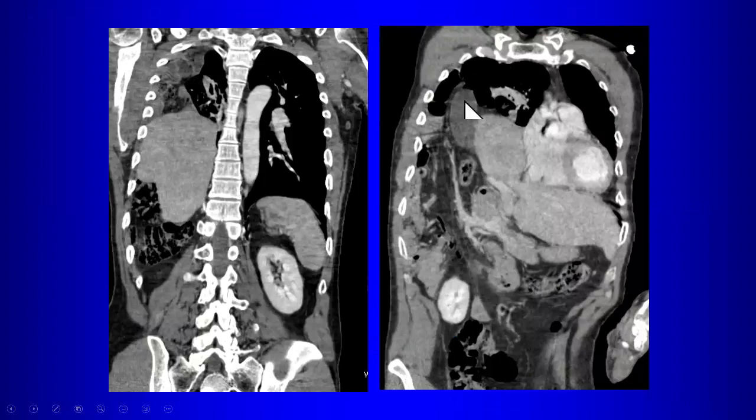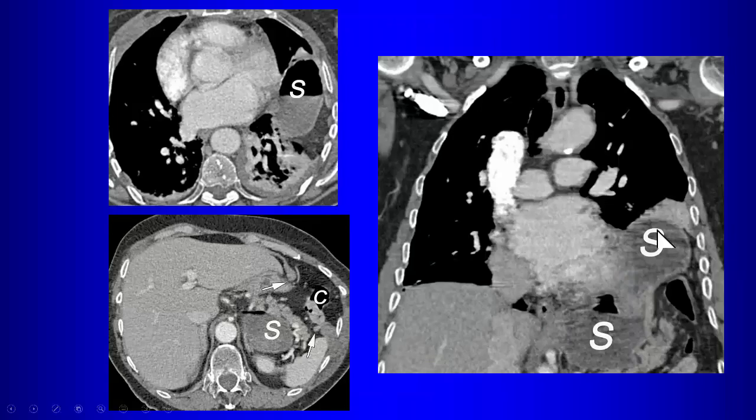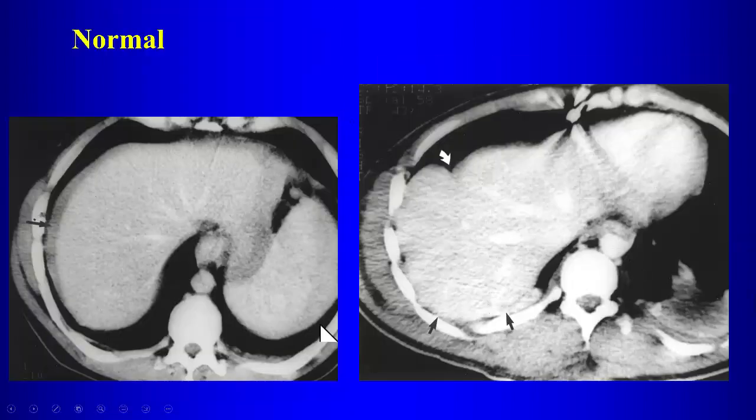On the coronal views, there you see that very nicely demonstrated. If there's an NG tube and the NG tube goes up into the chest, another sign of diaphragmatic injury. Okay. So there's the stomach up there into the chest from the injured diaphragm. So signs associated with diaphragmatic injury, what's called a dependent viscera sign.